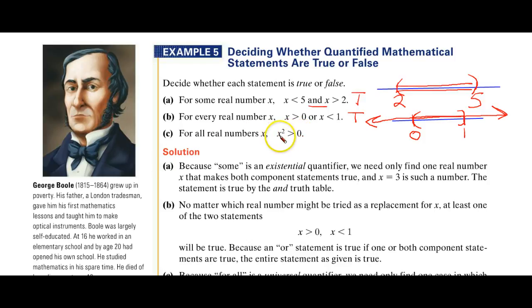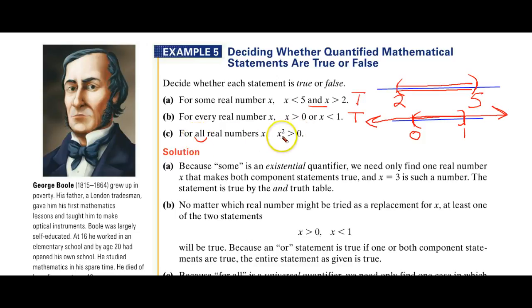Well, as we look at that, if we square that, and the key here is all, we only have to find one example that would make this false, then it would be false, because they're giving the universal all. That's that wide paintbrush.